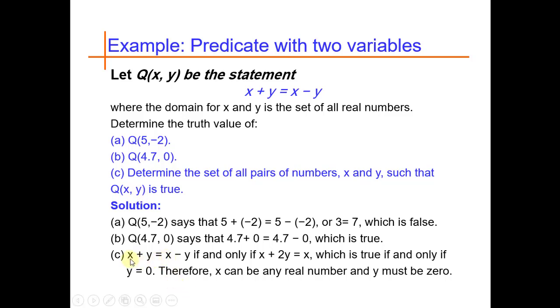For this purpose, we need to solve this equality, and when we solve it, we get x plus 2y is equal to x, and further when we solve it, we get y is equal to 0. Therefore, x can be any real number and y must be 0. So this will be the truth set.